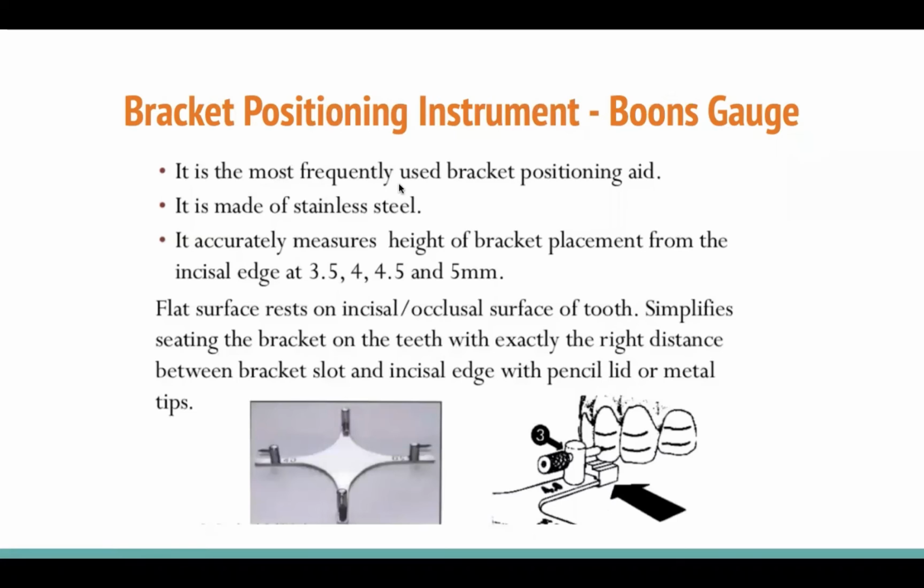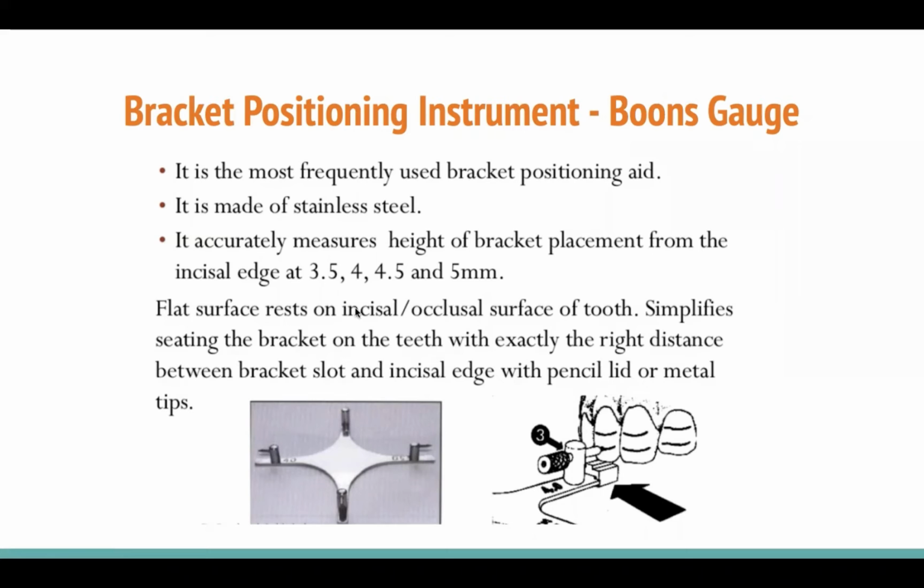This type is most frequently used as a bracket positioning aid. It is made of stainless steel. It accurately measures the height of the bracket placement from the incisor edges. What height you want from the edge, which height you want to put your bracket from the edge: 3.5 millimeter, 4 millimeter, 4.5 or 5 millimeter.